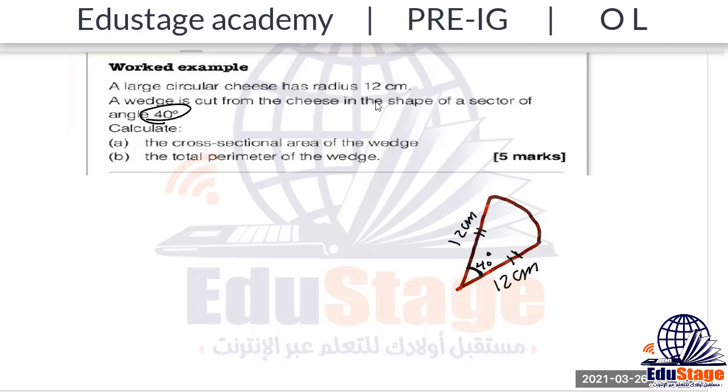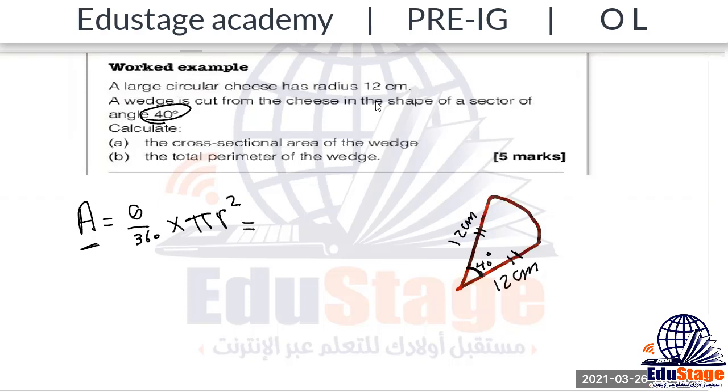Then he said, find the cross-sectional area. Means the area. So what is the area? The answer is 50.27. Nice. So here the area is theta divided by 360 times pi r squared.